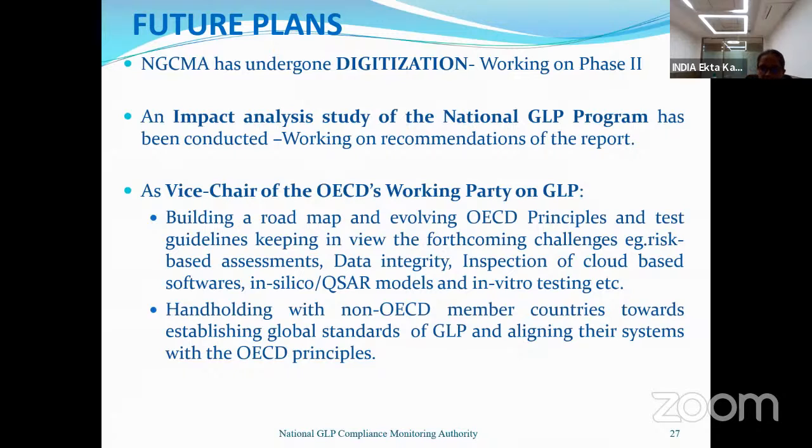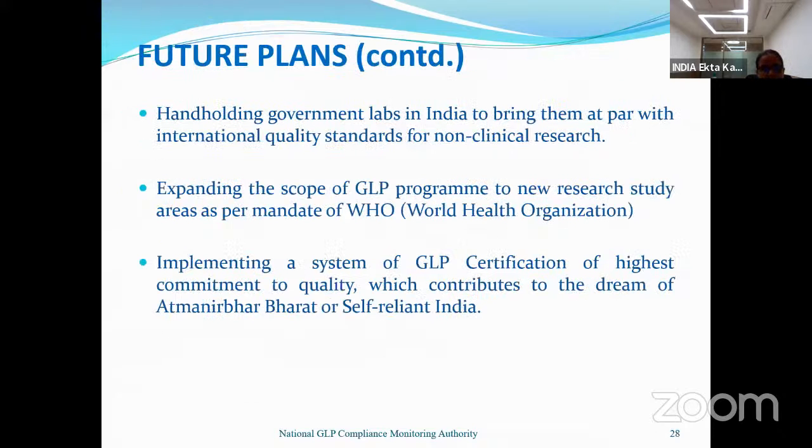We are handholding various non-OECD member countries towards establishing global standards of GLP and aligning their systems with the OECD principles. Currently, we are working with the OECD Secretariat to help Philippines and Indonesia attain GLP standards. We are also handholding various government labs in India to bring them at par with the international quality standards for non-clinical research.